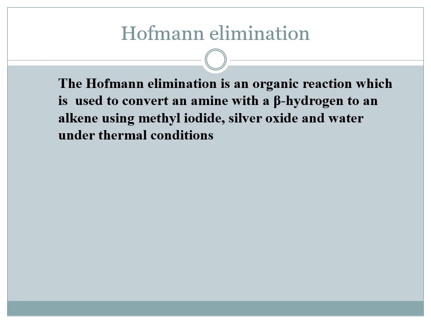Hofmann elimination is considered an organic reaction in which an amine with beta hydrogen is converted to an alkene using methyl iodide, silver oxide and water under thermal condition. The reaction is as follows.